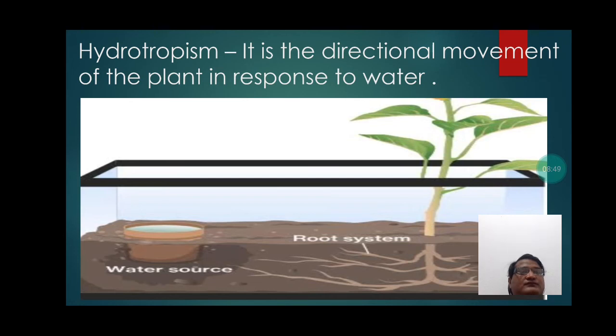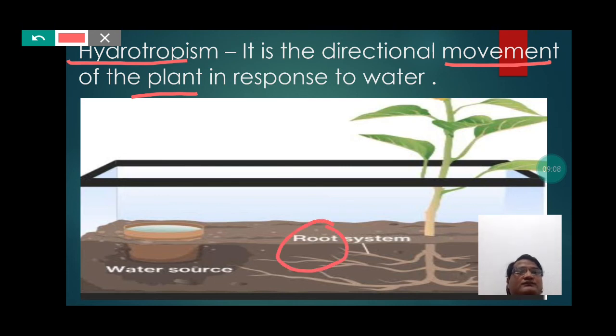Hydrotropism. It is the directional movement of the plant in response to water. So students, hydrotropism actually is the movement of the plant, that is the root, towards the water. The directional movement of the plant in response to the water will be the positive hydrotropism.